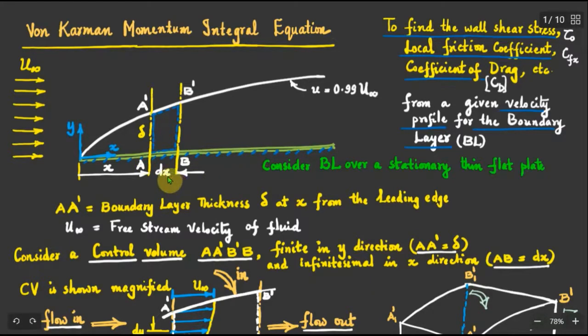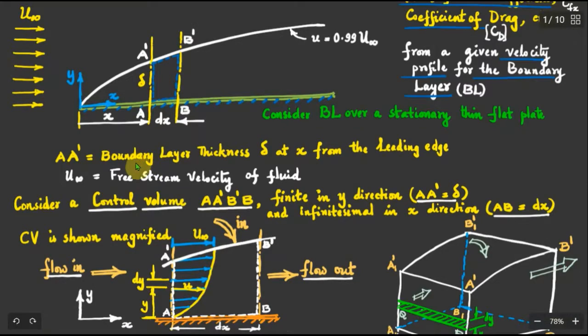That means this dx, which is representing the length AB, is very small, whereas A dash is a finite dimension that actually represents the boundary layer thickness at a distance x from the leading edge of the plate. A dash is equal to delta, that is the boundary layer thickness. U infinity is the free stream velocity of the unobstructed flow.